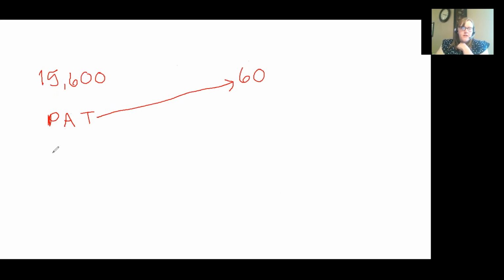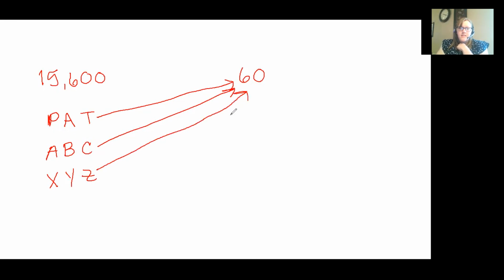So let's pick a different one of these letter combinations. A, B, C. That means ABC can be linked to 60 different ones. And let's pick another one, X, Y, Z. This can be linked to 60 different number combinations. So as you can see, each and every one of the 3-letter combinations here can be matched with every single one of those 60 combinations.